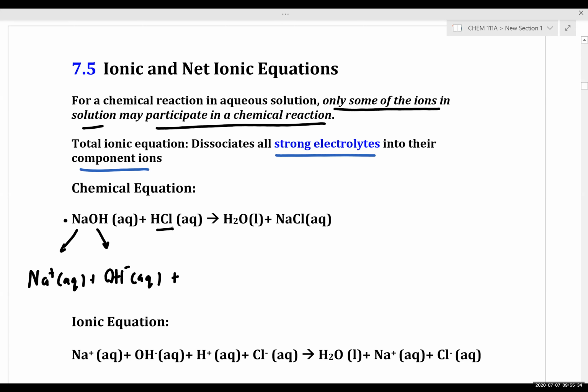Hydrochloric acid, is that a strong, weak, or non-electrolyte? Strong, it's a strong acid, exactly right. So we break it down into its component ions.